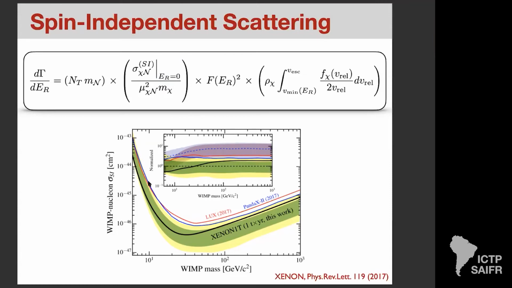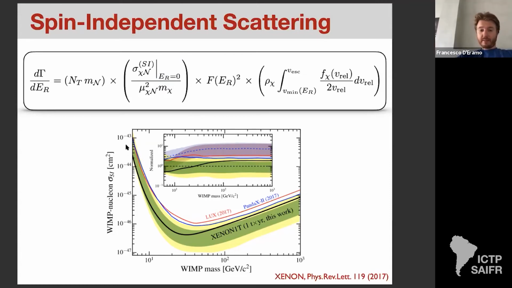At small masses, they lose efficiency because of this kinematical threshold. So there is a minimum, and this minimum happens to be around this value. They are bad here, they are bad here, so they must be good in between.